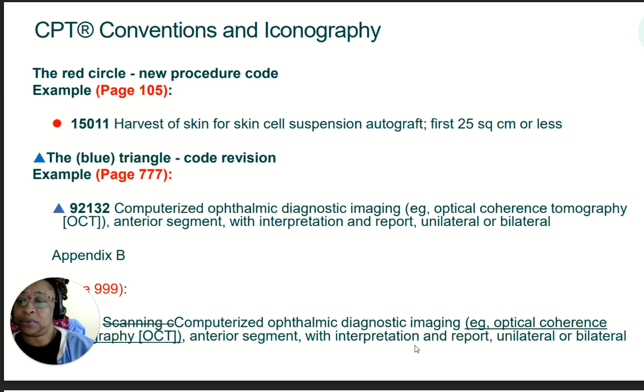It says computerized diagnostic imaging of the anterior segment with interpretation and report, unilateral or bilateral. In your book, you can see there are other codes that show the triangle or the red dot, which indicates either a revision or a new code has been entered.